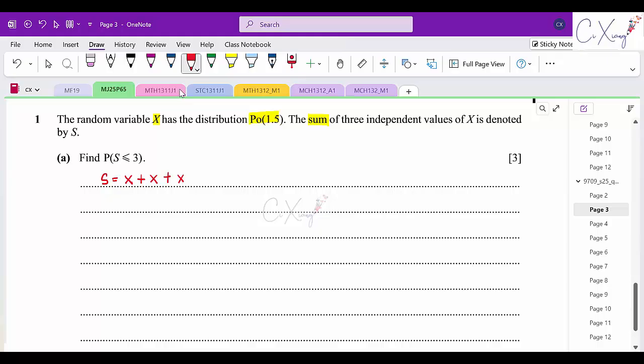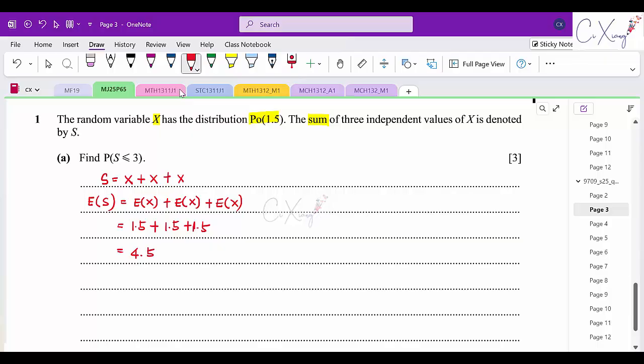And when you are trying to get the mean of S, basically you're having mean of X plus mean of X plus mean of X. And what is the value for the mean? 1.5 plus 1.5 plus 1.5. Therefore you get 4.5 here.